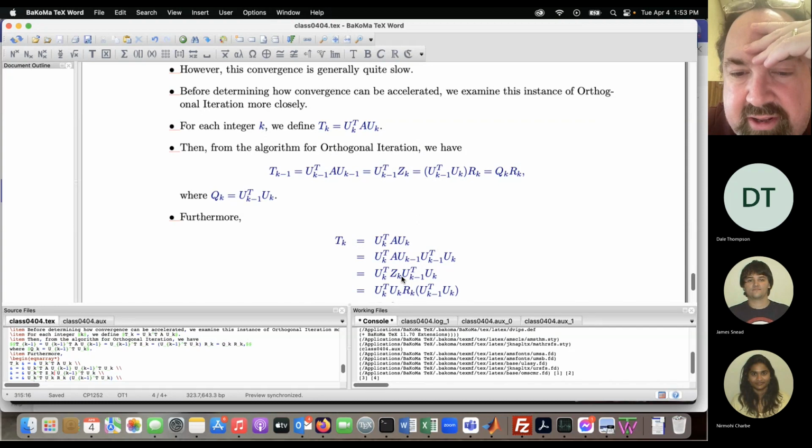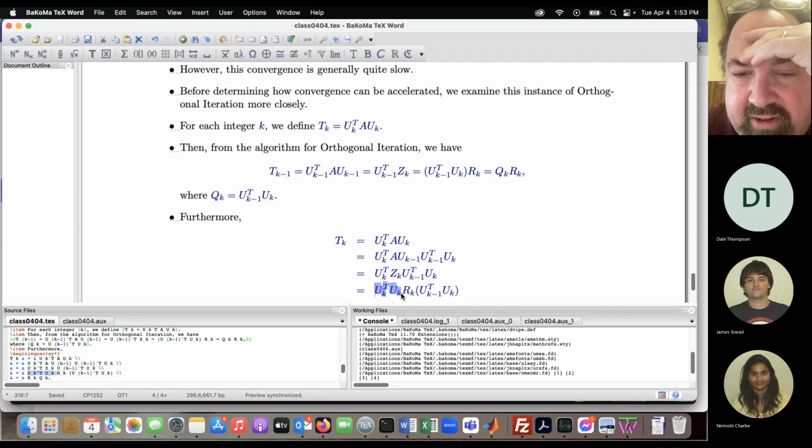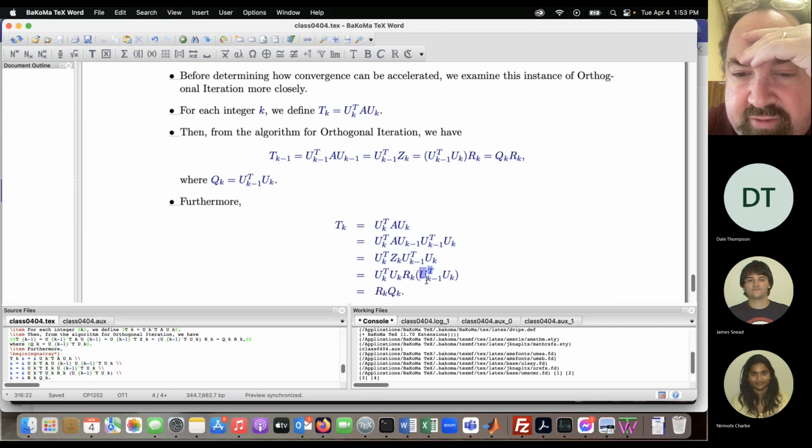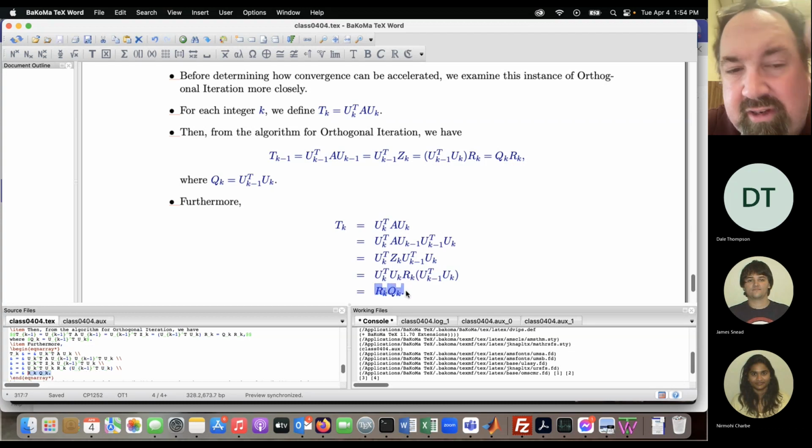But Z_k is QR factorized to give me U_k R_k. This is identity, because U_k is an orthogonal matrix. And this right here is how Q_k was defined. So now I have this. So if I have T_{k-1}, I QR factorize it, I can get the next T_k by multiplying those QR factors in reverse order.